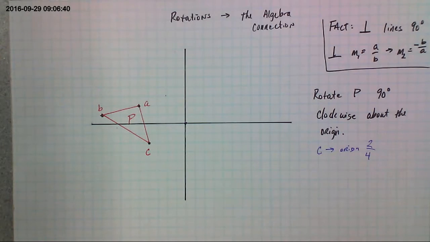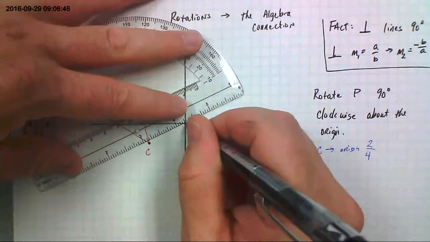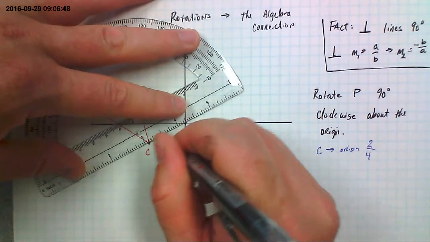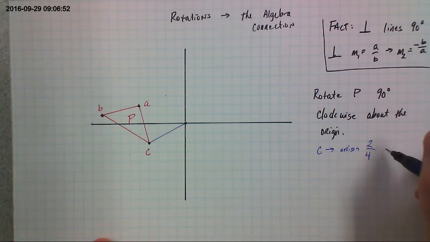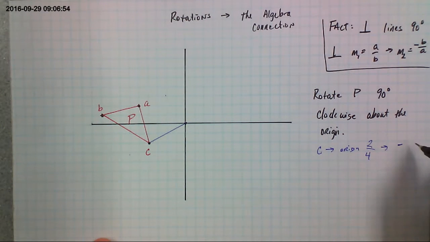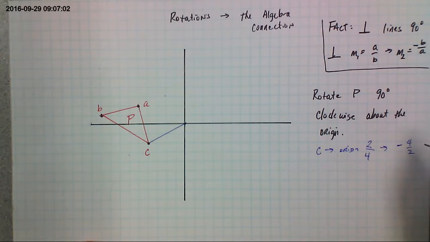Do you guys see how I did that? I just counted it. So this little line segment has a slope of 2 over 4, and the reciprocal of that would be negative 4 over 2. You follow me? And the reason I'm doing this is because perpendicular lines have slopes that are negative reciprocals.